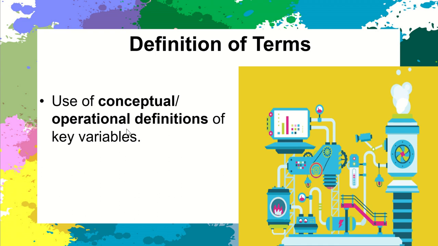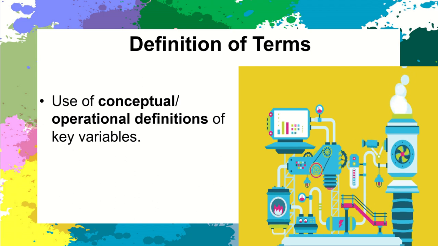Now, operational definitions only tell you how you are going to measure that variable or that term. It's usually the questionnaire that you will use for the operational definition, the instrument you're planning to use. Example, you may give the definition of depression, anxiety, and stress based on the literature.